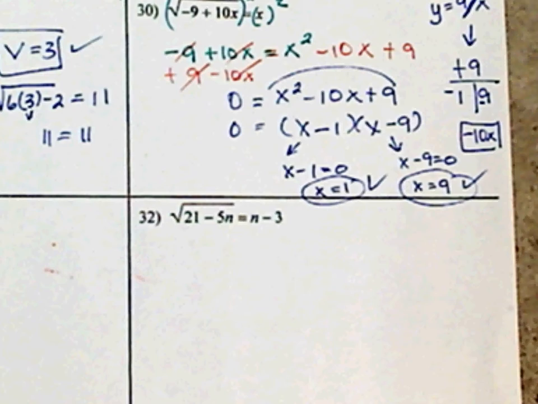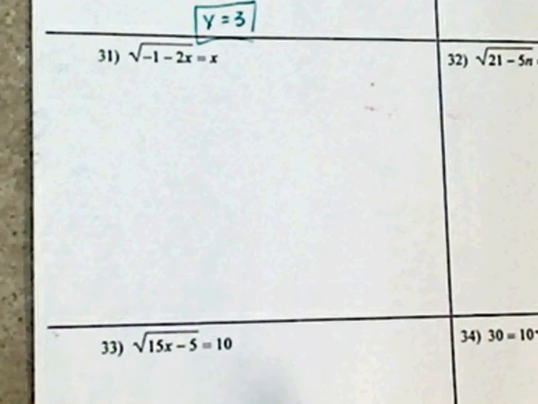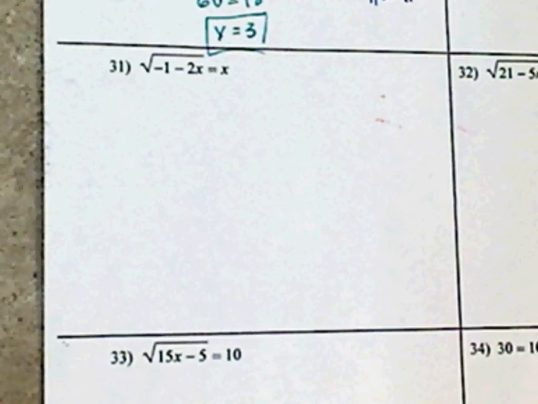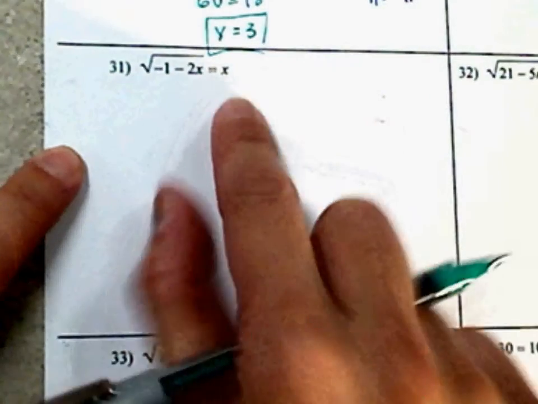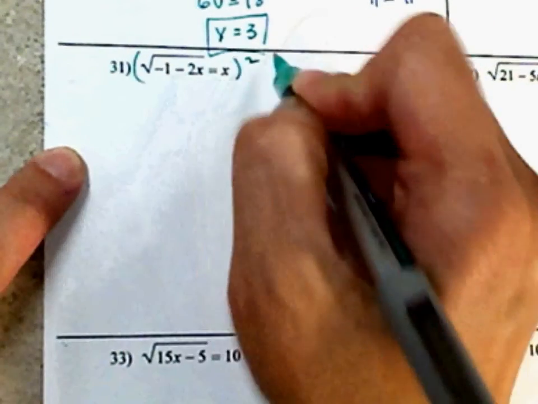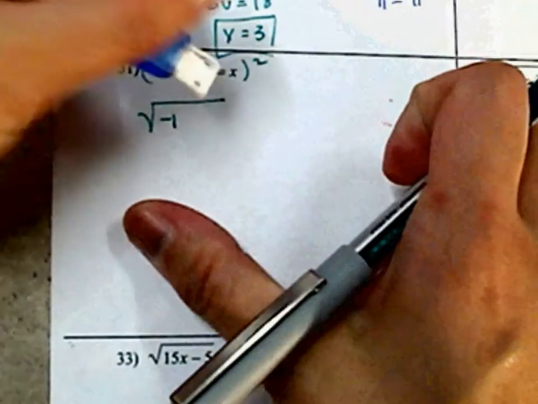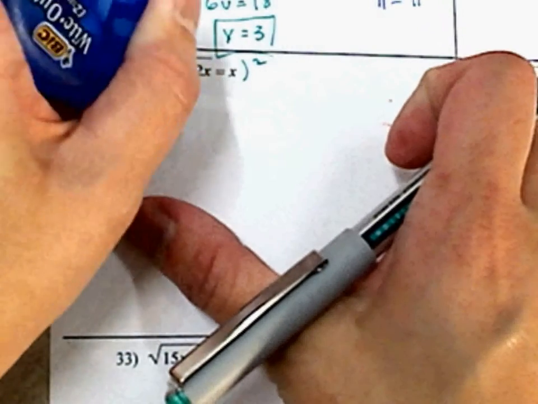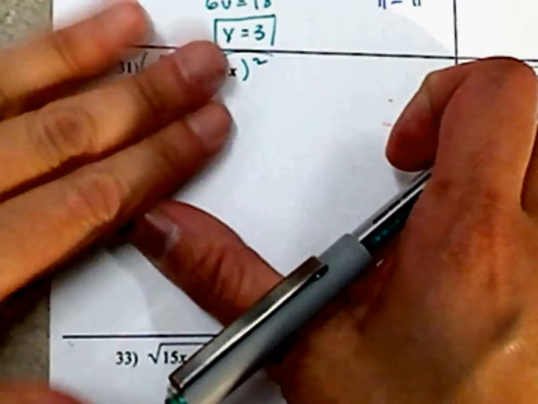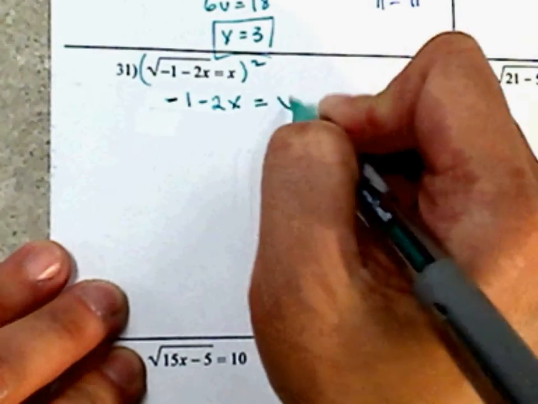Number 31. Let's look at 31. Notice you have a square root equals a number. Let's square the whole thing, okay? So when you square the whole thing, you'll have square root, negative 1. My apologies. Guess what happens to the square root sign? When you square it, it's gone, isn't it? So you have negative 1 minus 2x is equal to x squared.